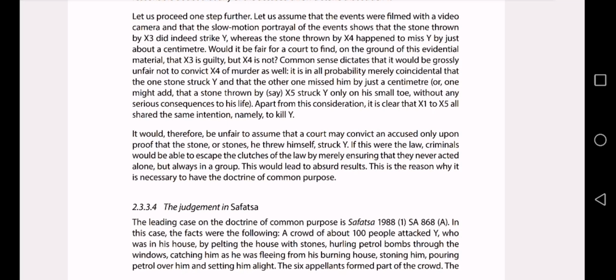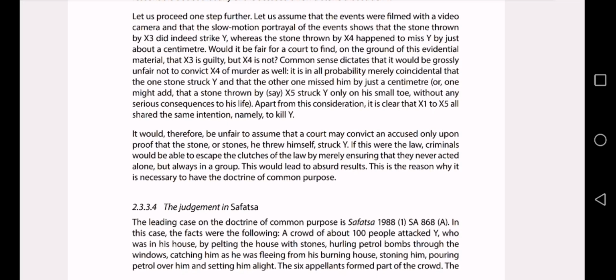Would it be fair for the court to find, on the ground of evidential material, that X3 is guilty but X4 is not? Common sense dictates that it would be grossly unfair not to convict X4 of murder as well. It is in all probability merely coincidental that the one stone struck Y and that the other one missed him by just a centimeter.